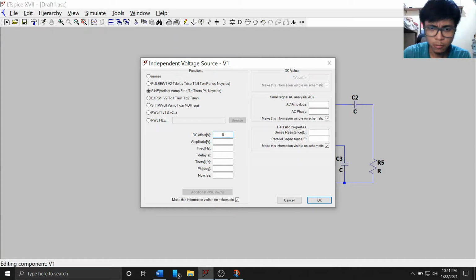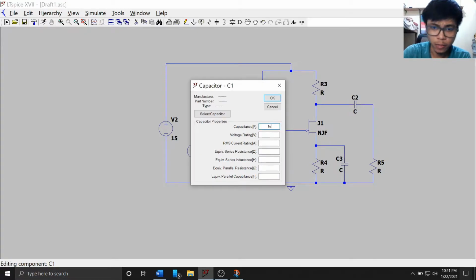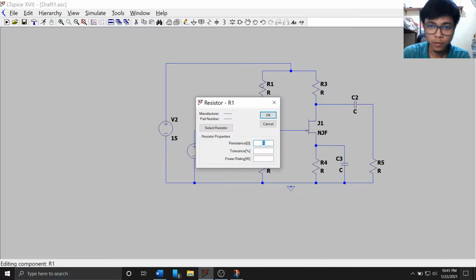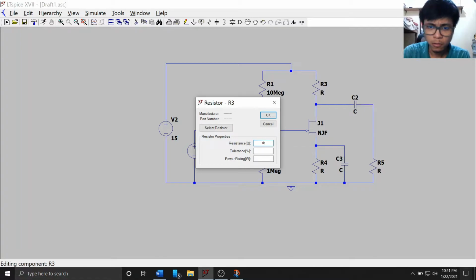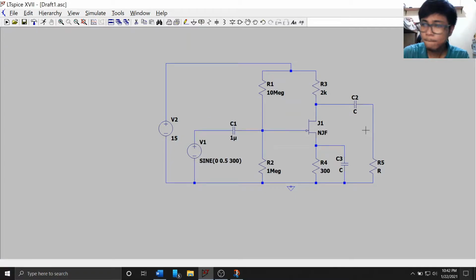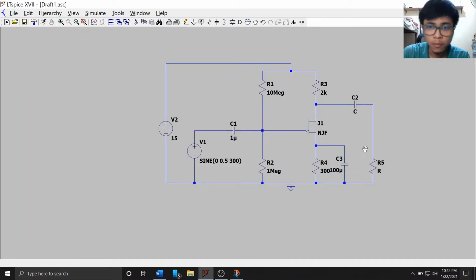Assign 0 and start: 10 megaohm, 1 megaohm. Oh, sorry. Okay. 300 microhenry.